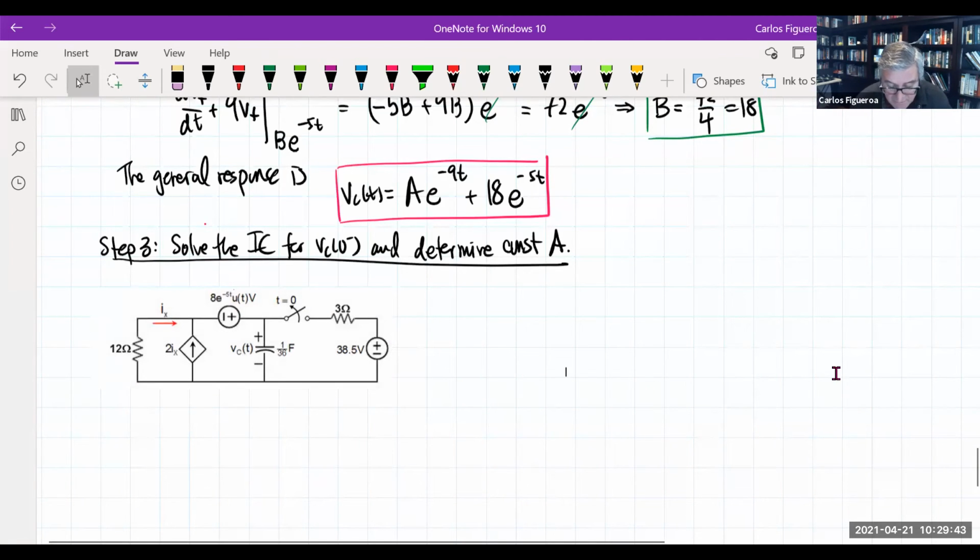So what I see here is that I need the circuit for t equal to 0 minus. So at t equal to 0 minus, what we see here is that this element is gone. So then I look at the rest of the circuit. You can see my circuit really looks like this.